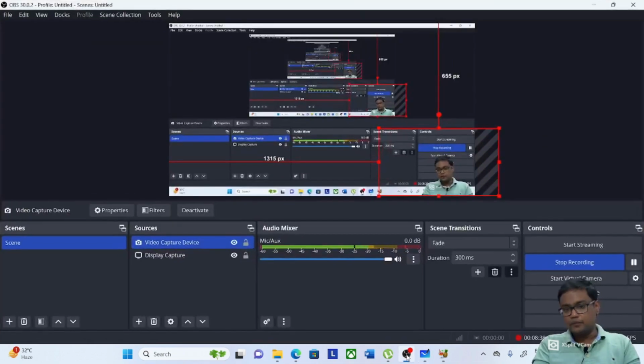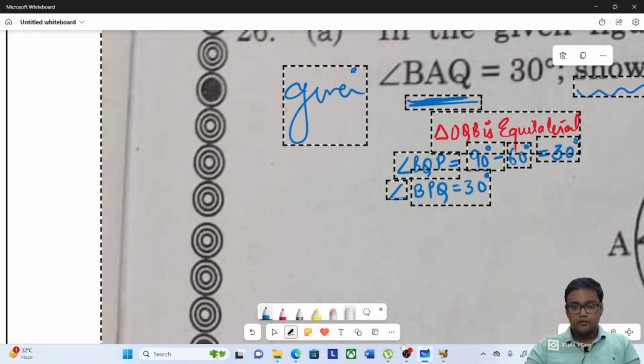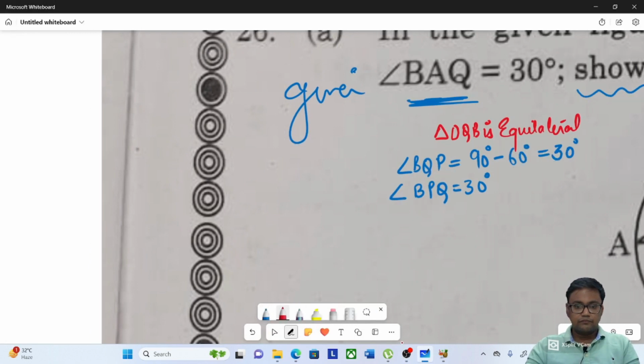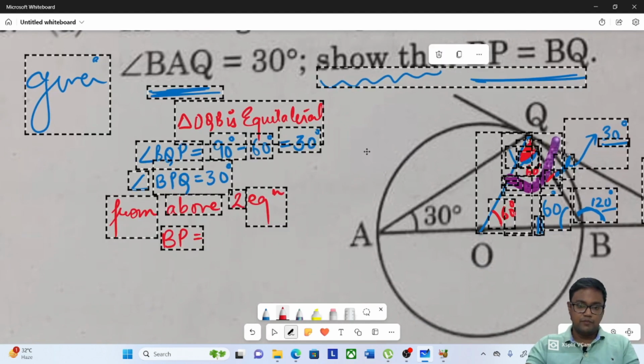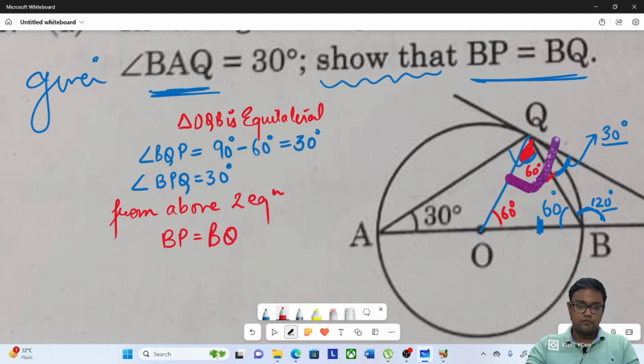They are equal now. So from the above two equations, I can clearly say that BP is equal to BQ. That is what we were supposed to show.